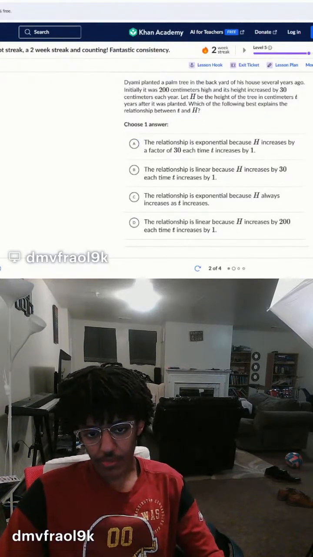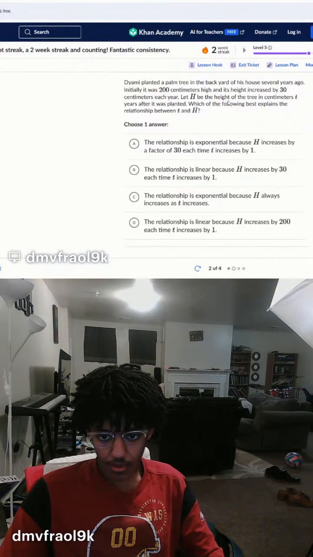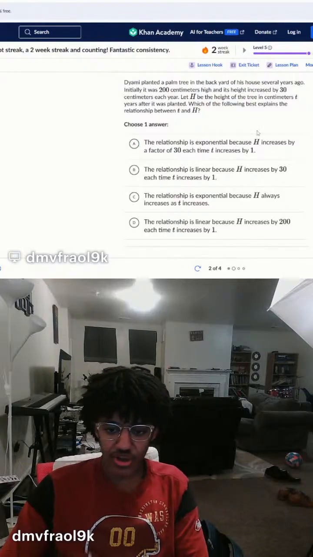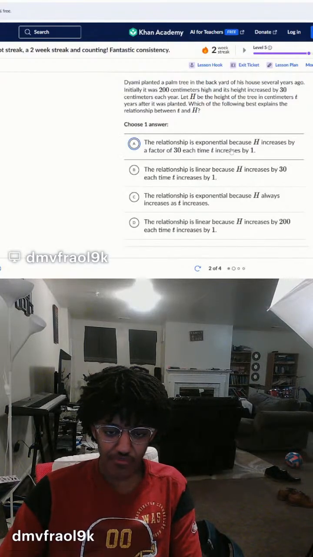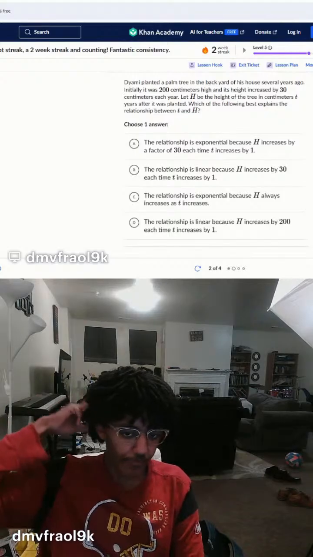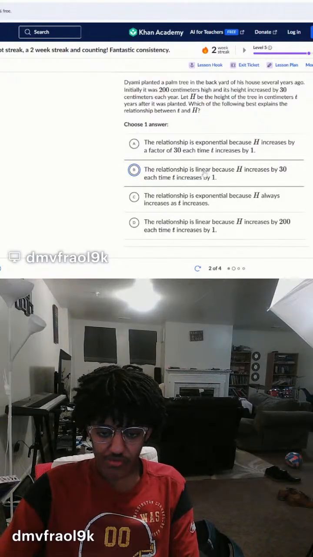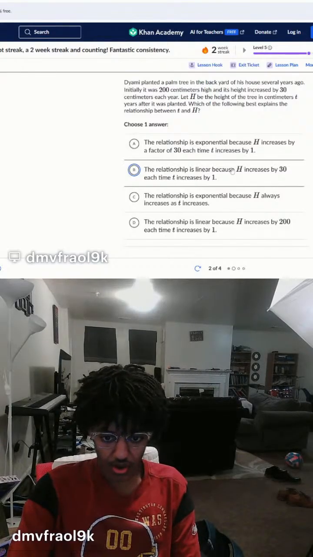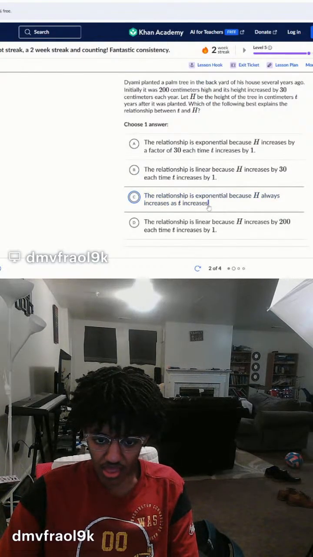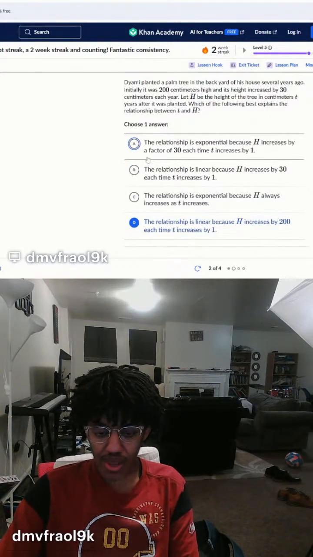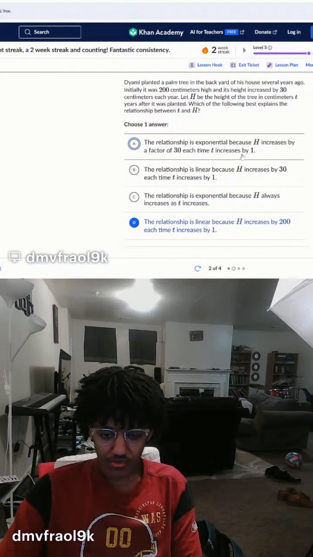The relationship is exponential because H increases by a factor of 30 each time T increases by 1.